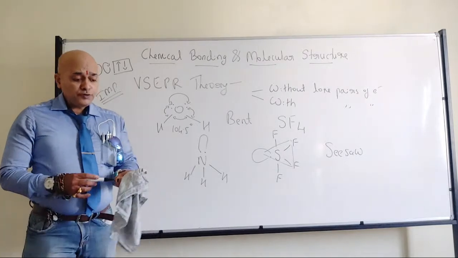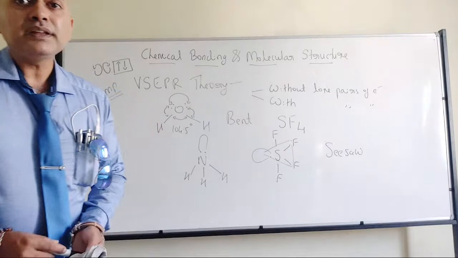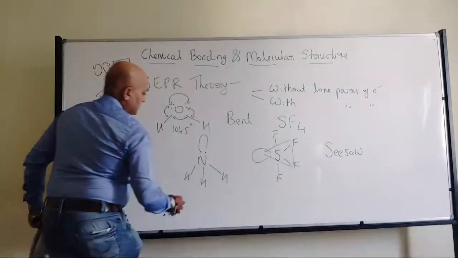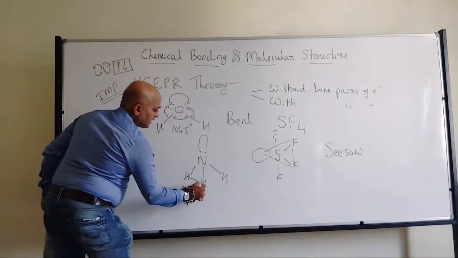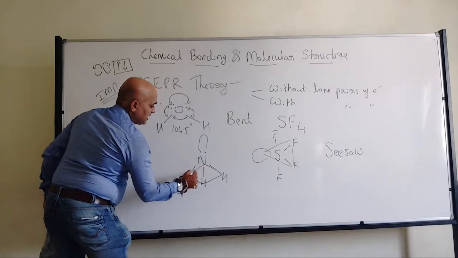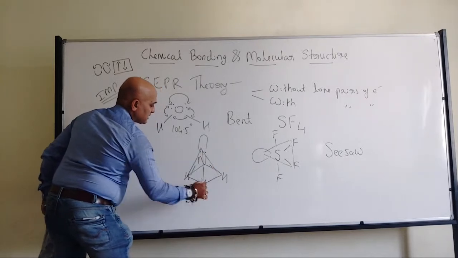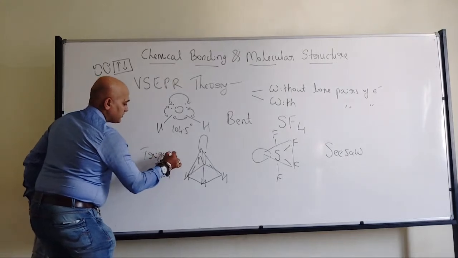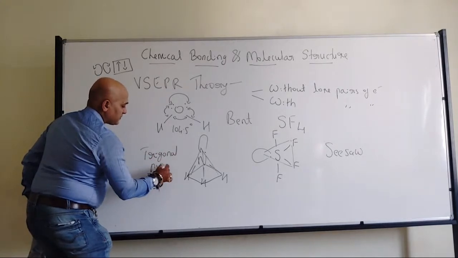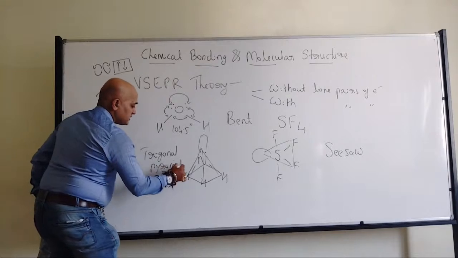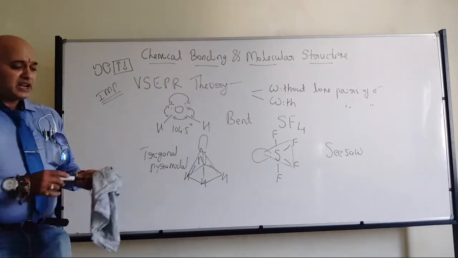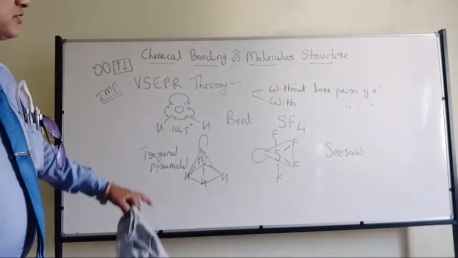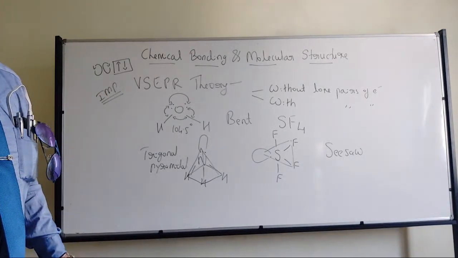But it is going to form a trigonal pyramidal structure like this. It's not planar, it's a pyramidal 3D structure. Ammonia is going to form a trigonal pyramidal structure.